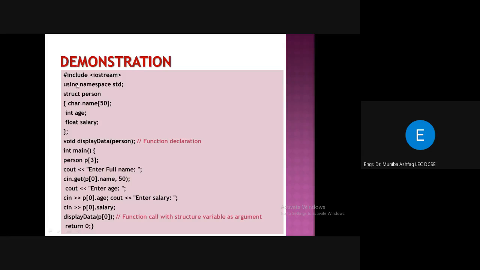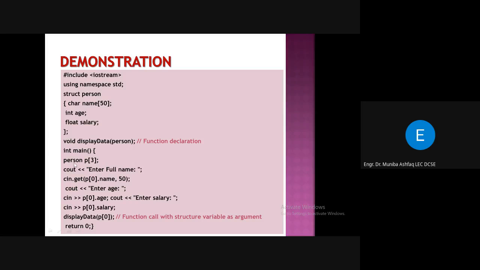Look at this, the program is the same person program, struct person with data members name, age, salary, and then you have the same function declaration. So up till this point all the things are the same as the previous example. Now come towards the main program, int main. Again, as you want to use this structure and access its members, first of all you have to create an object of person.